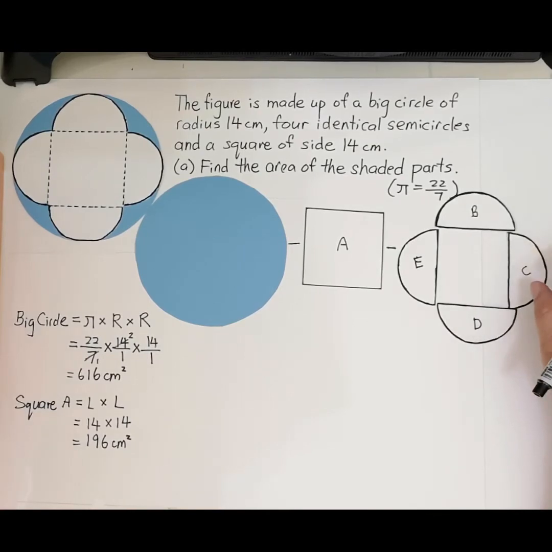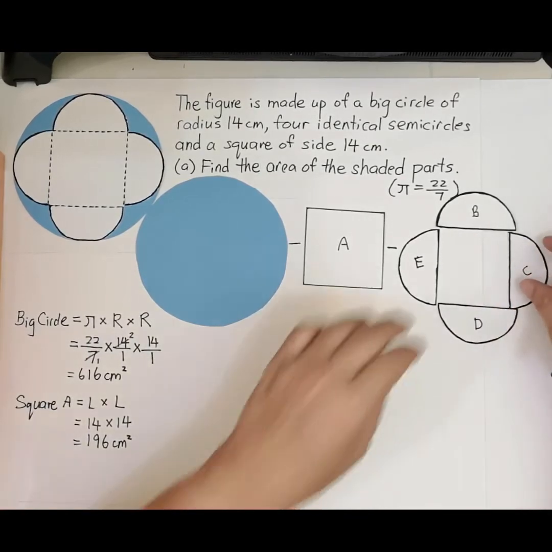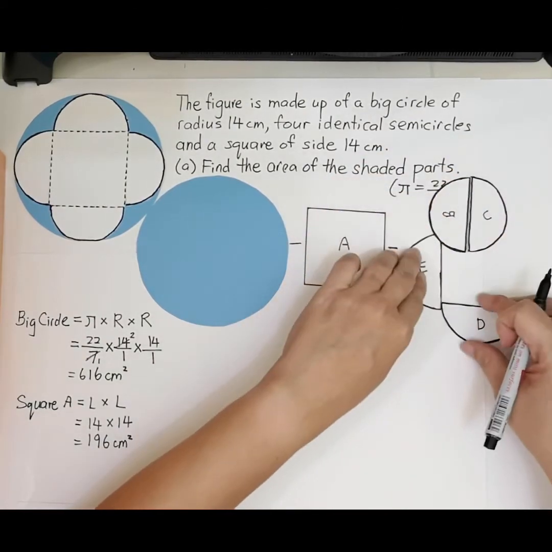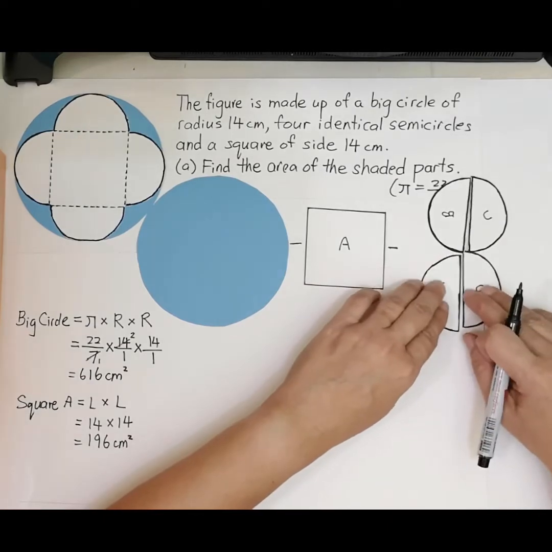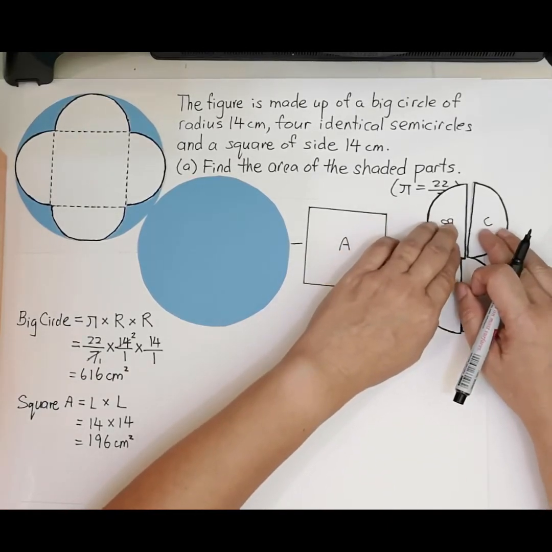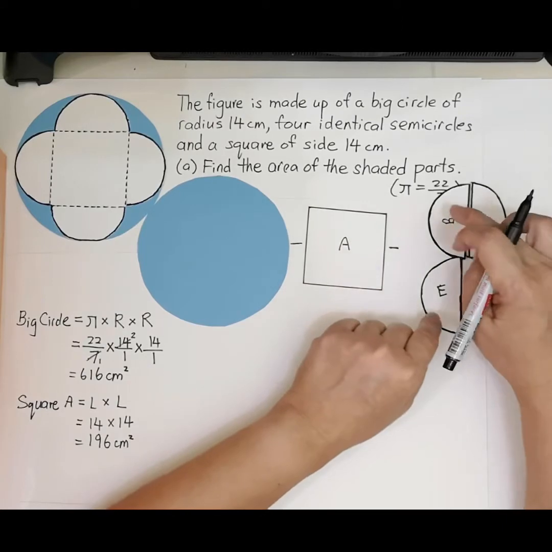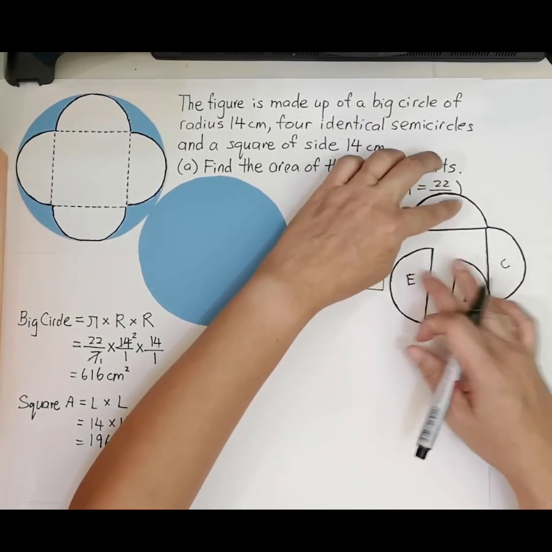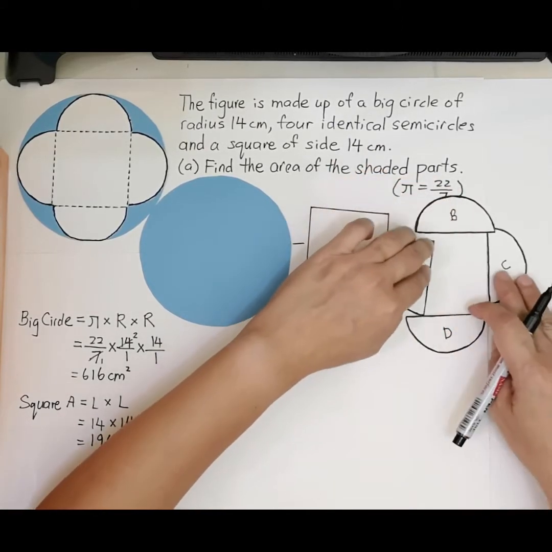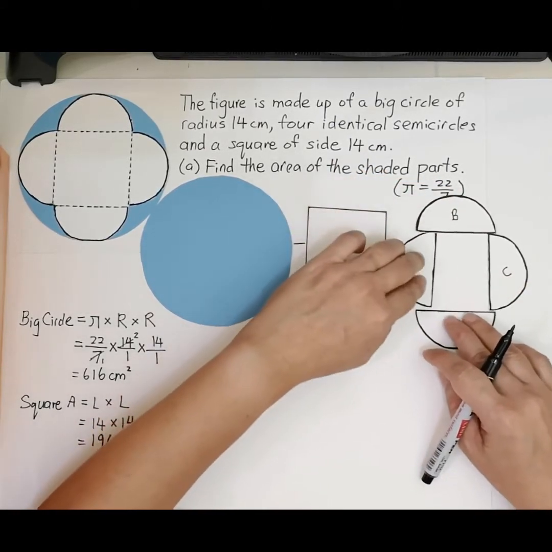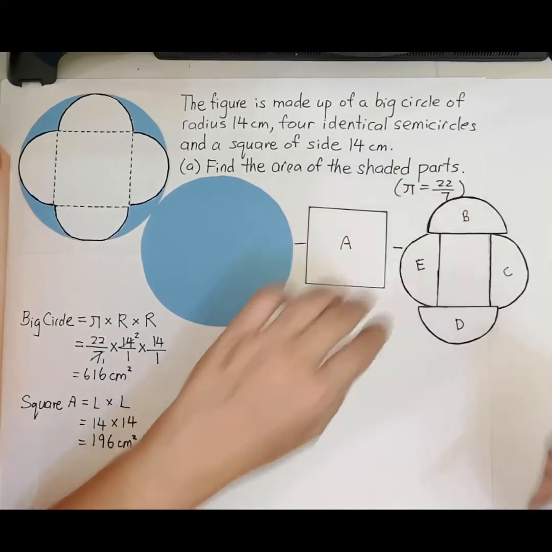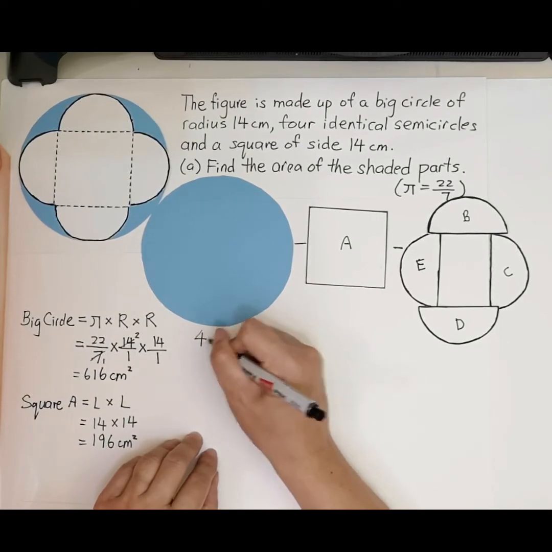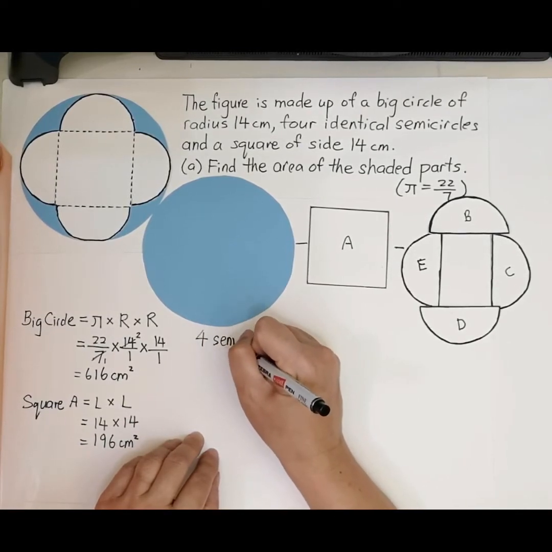We can combine them together to form 2 circles in this way, or we can just find the area of 1 semicircle and then multiply it by 4.